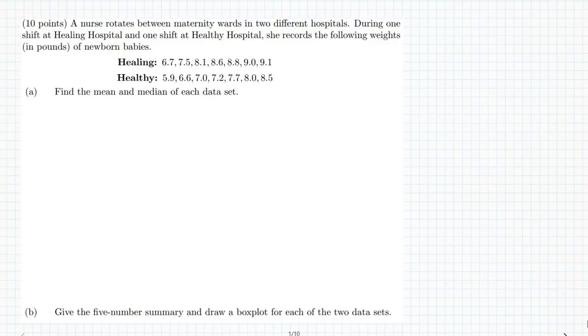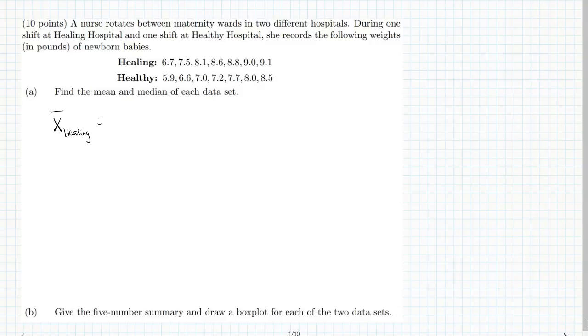We'll start with the mean because that's probably the more familiar. The notation is usually X bar for the mean, and to distinguish between the two, I'll put the type of hospital as a subscript. So X bar for Healing.